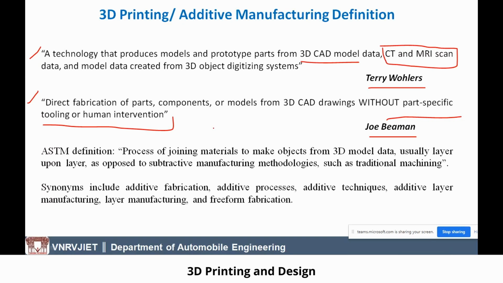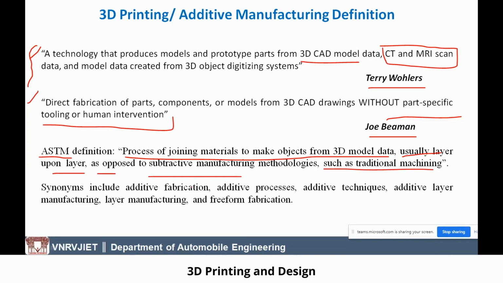These are the two definitions, but later ASTM got involved, the standards organization we call the American Society for Testing and Materials, and this organization has given the final and systematic definition: the process of joining materials to make objects from 3D model data, usually layer upon layer, as opposed to subtractive manufacturing methodologies such as traditional machining.